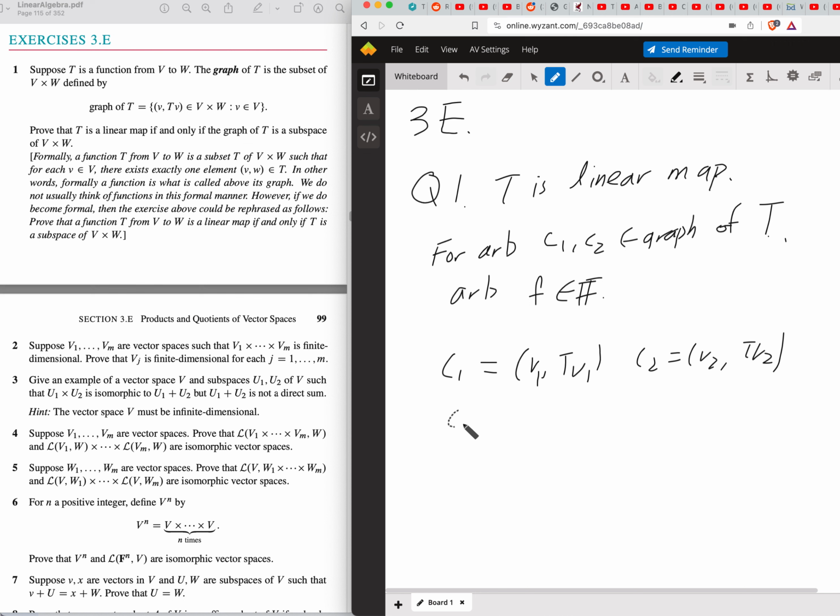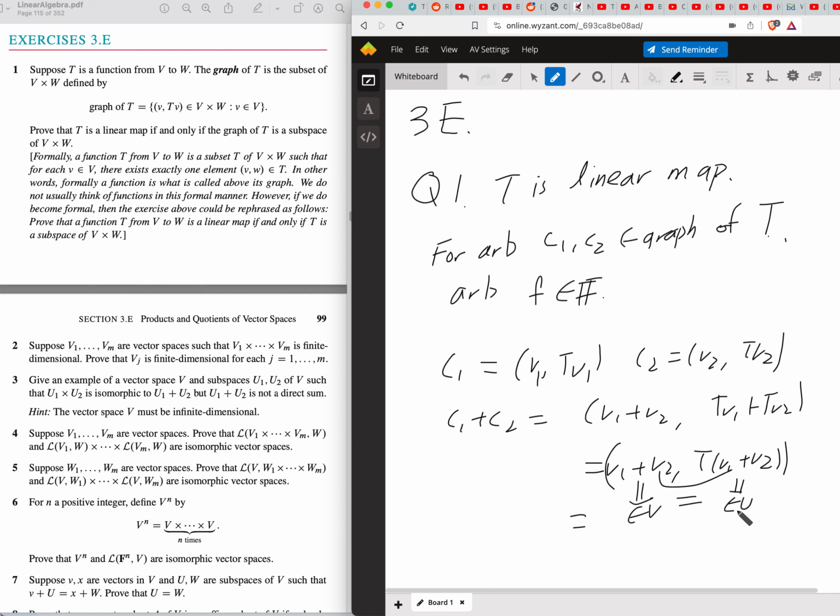Then it becomes clear that C1 plus C2 is equal to V1 plus V2 and TV1 plus TV2. And here you just have to use the property of linear maps, the addition property. And then you know that this is going to be as well as this, and these two are equal. So this is definitely in the graph of t.